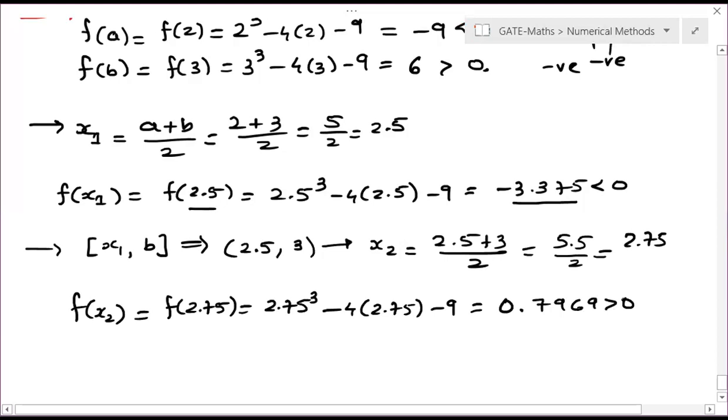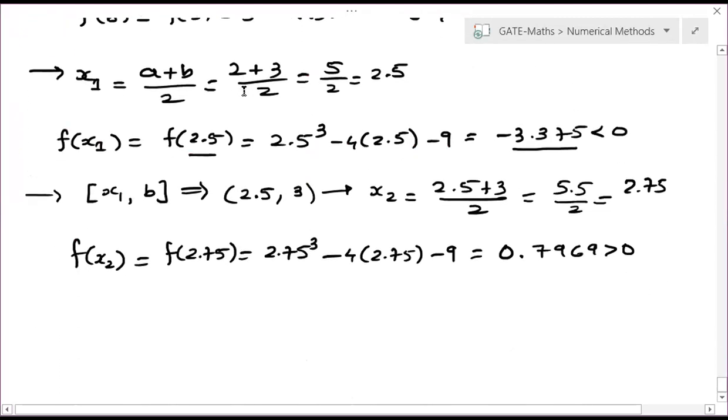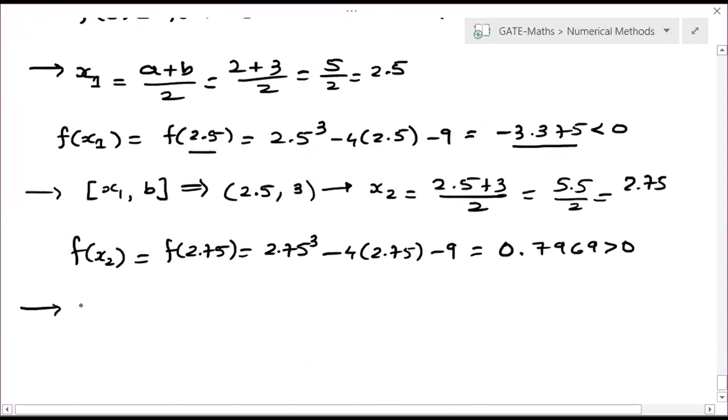So if it is positive at x2, what will our next interval be? x1 to x2, from negative to positive. So our next interval will be x1 to x2, where x1 is 2.5 and x2 is 2.75.